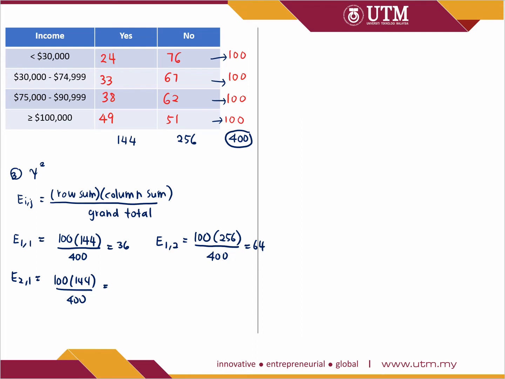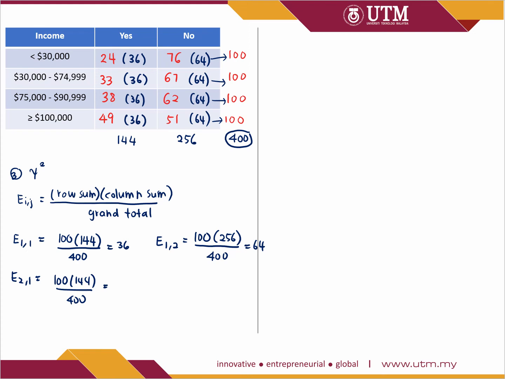So you can see the expected value for the first column would be 36, and the expected value for the second column would be 64 for each category. Now we have found all the expected values. Remember, the blue color is the expected value and the red value is the observed value.